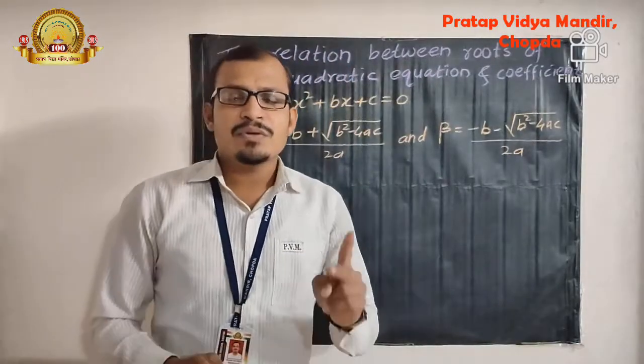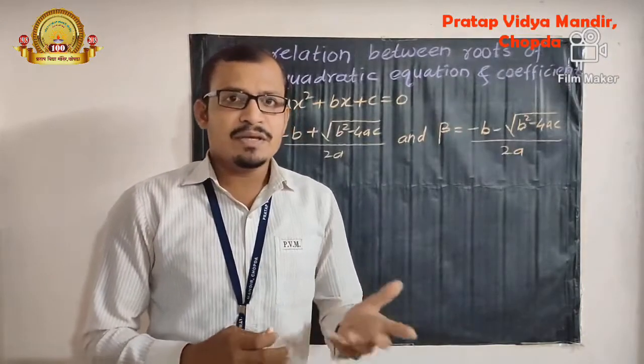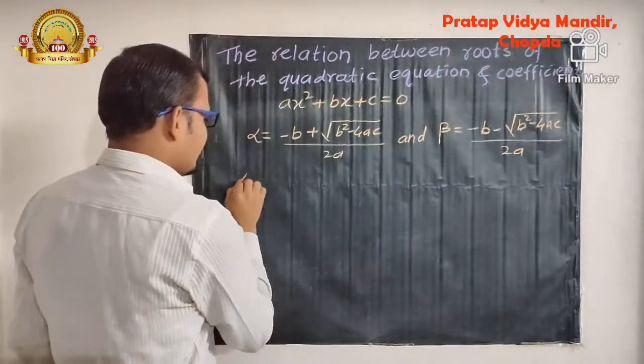Now there are two relations between these two roots of the quadratic equation, in which the first relation is alpha + beta.